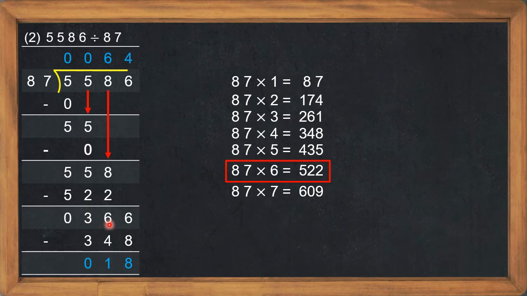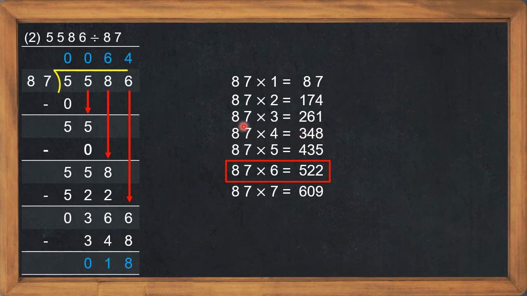Now the next step is to bring down the next digit in the dividend, that is 6. So we get 366. Now let us find the number which is equal to or less than but nearest to 366. So here we have 87 fours are 348.